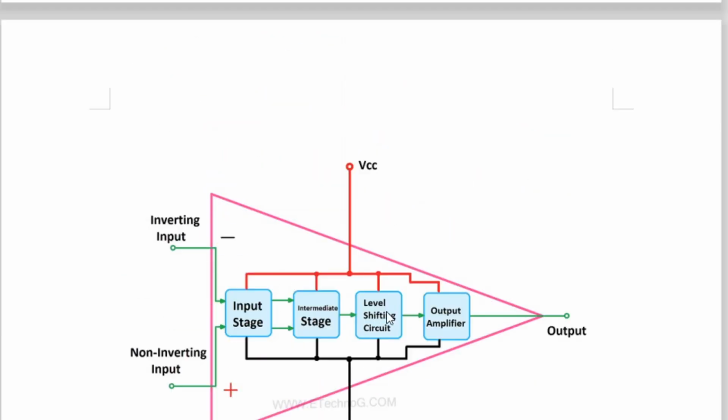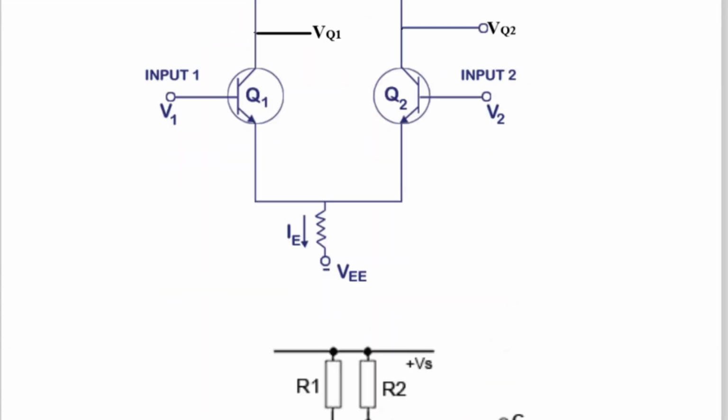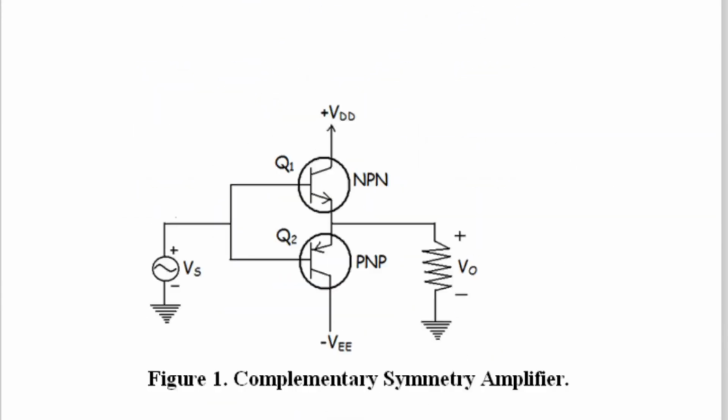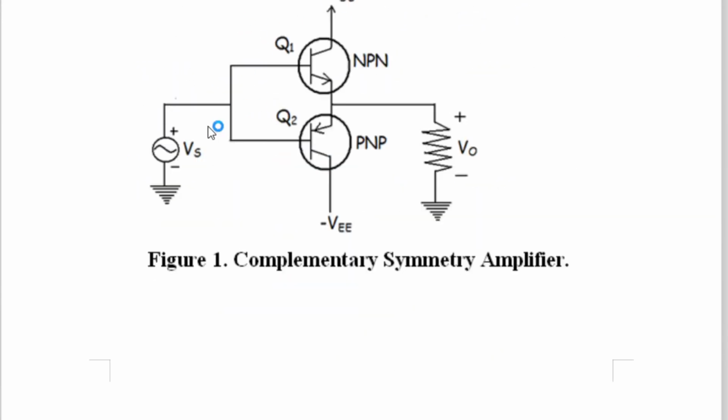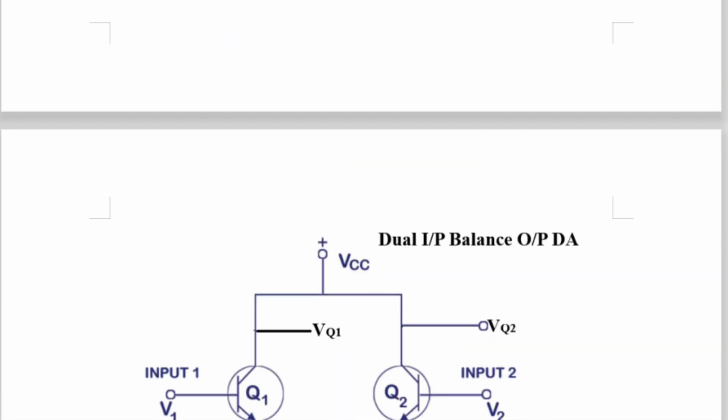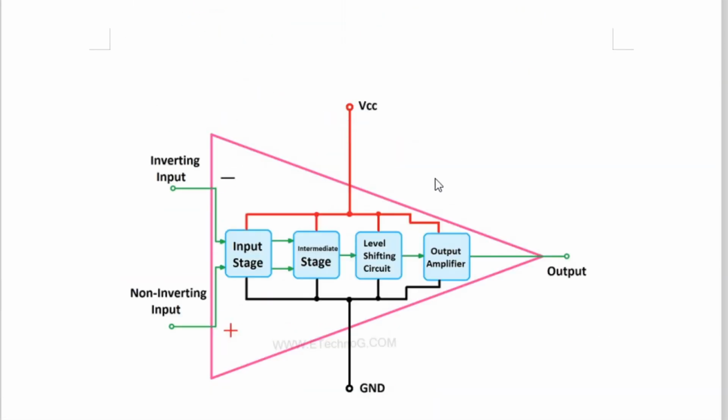Let us go again to the block diagram very fast. Here is the level shifting stage or constant current source. Its output is given to the amplifier. This is the output amplifier, and the type of amplifier used is the complementary symmetry amplifier. So the circuit is somewhat like that, and this output is taken from pin number 6 of the op-amp. That is called single-ended output. The operational amplifier IC has only one such pin, pin number 6 in case of IC741.